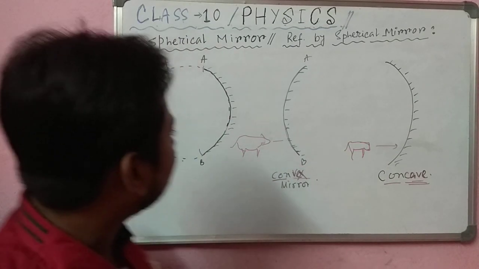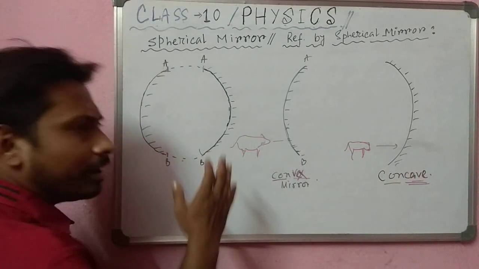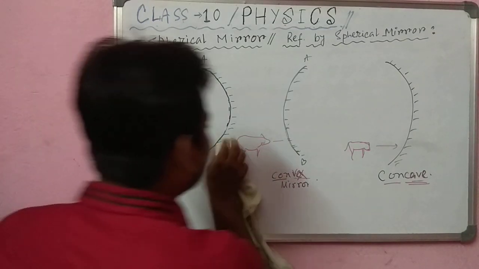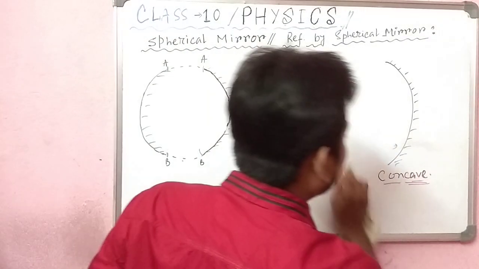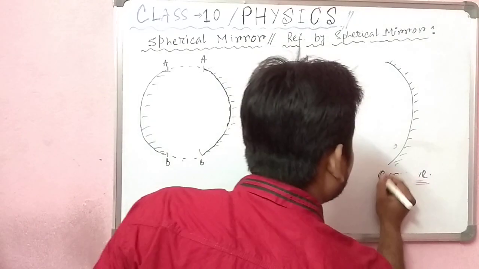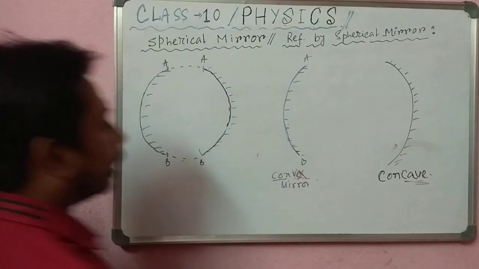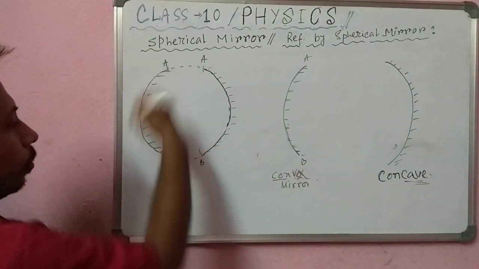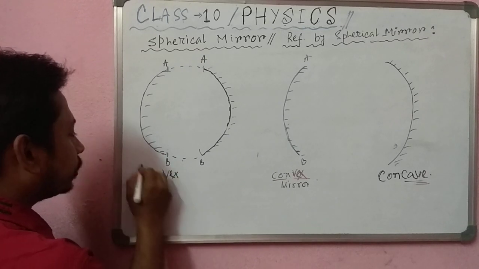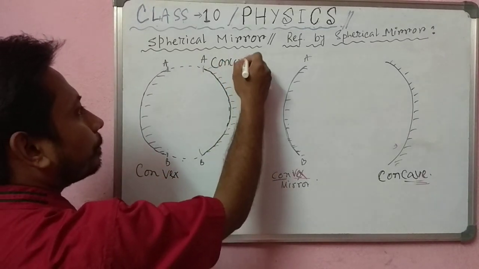Now students, there are some important parts you should mark on the mirror. In this figure, this is convex, so write convex, and this is called concave.